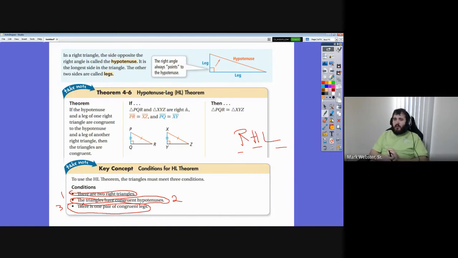In order to do hypotenuse leg, we have to make sure to do it this way. Find these things. If we don't, it's not going to be hypotenuse leg. It might be something else, but it won't be hypotenuse leg. So these are the three things you need specifically for this theorem right here. Let's talk about that.